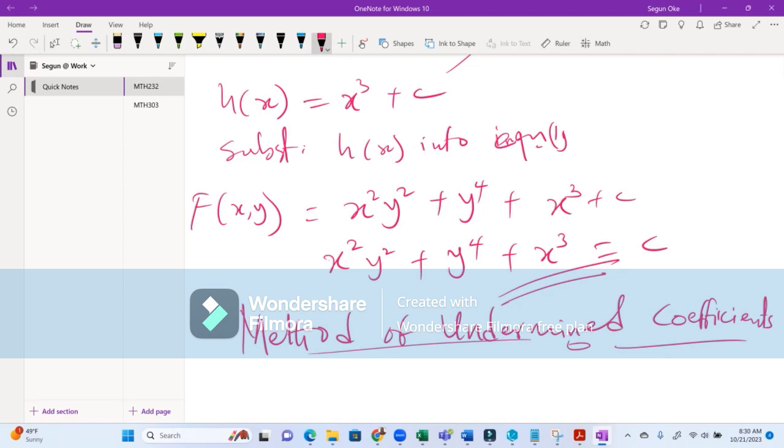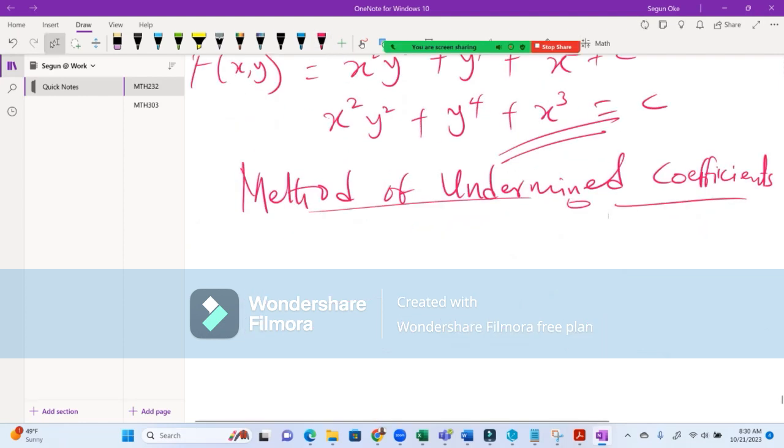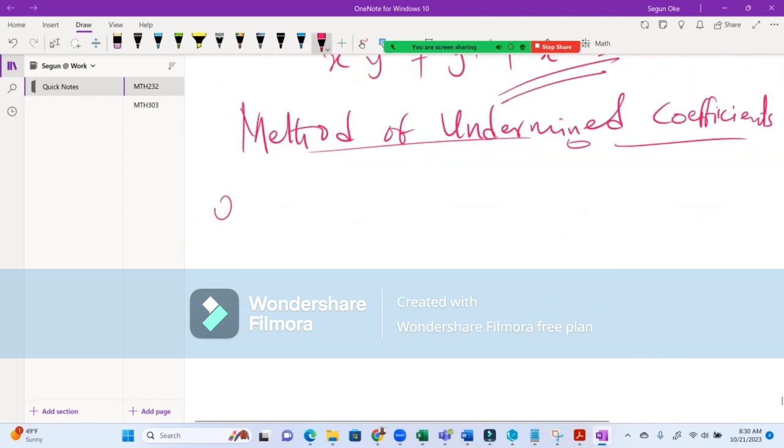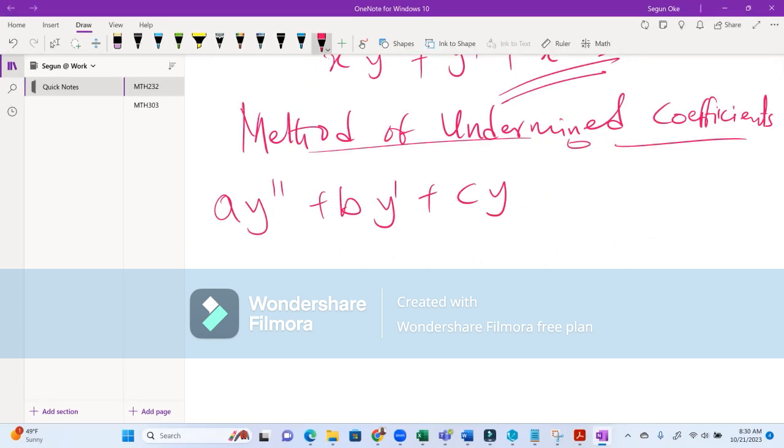And what are the things they are saying in the materials? It will also be part of what you need to know for this method. But let's look at the general equation here. The general equation says a y double prime plus b y prime plus c y equals g of x.